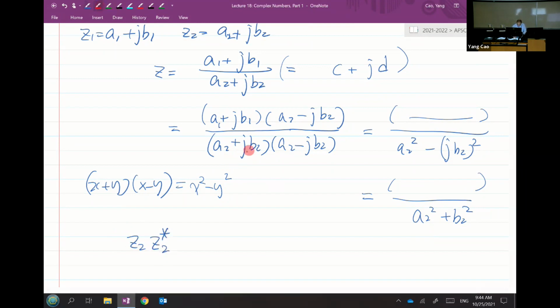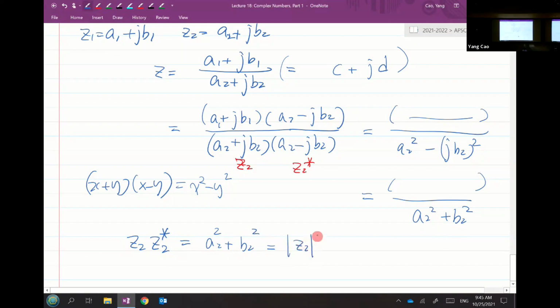This is z2, this is z2 conjugate. And the result of the multiplication between the complex number and its conjugate gives you a2 squared plus b2 squared, which is the modulus squared, the square of the modulus.